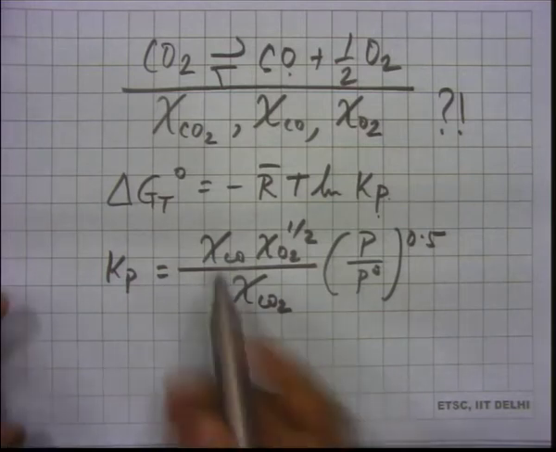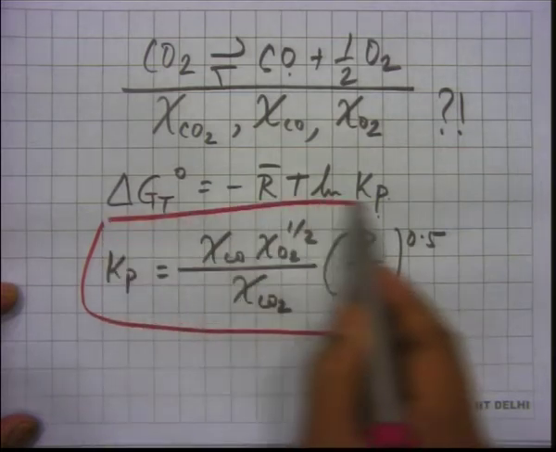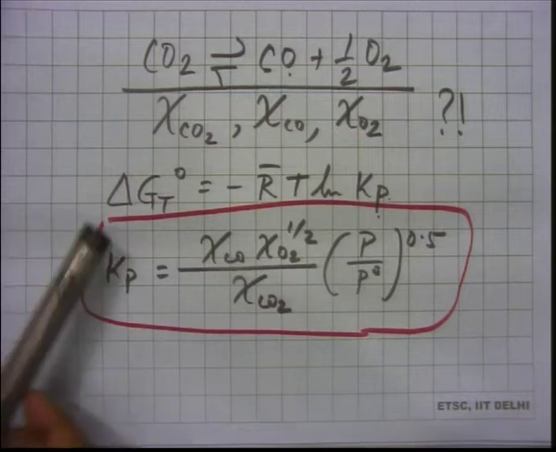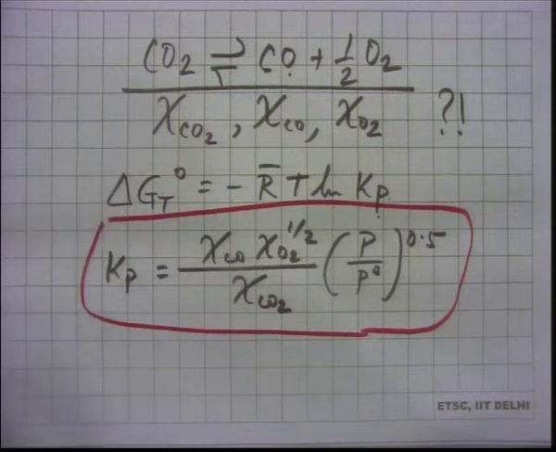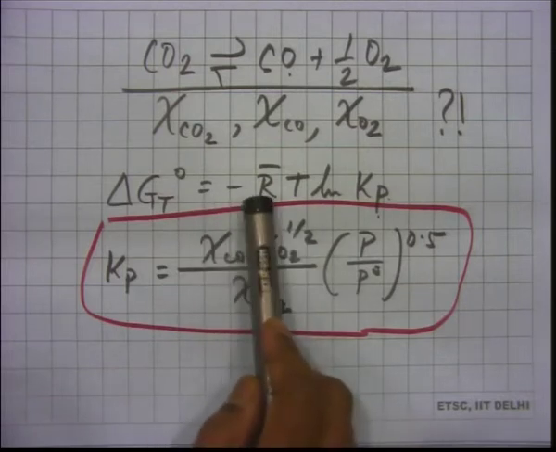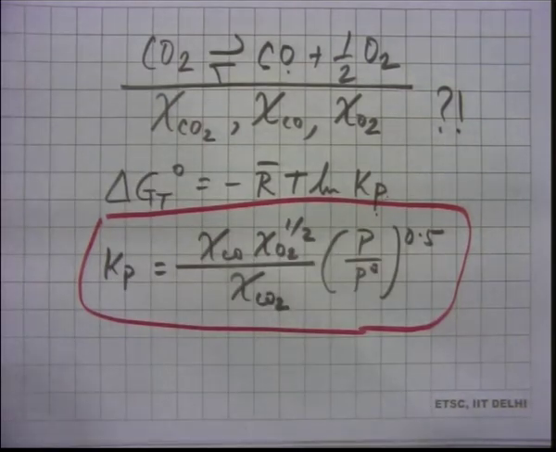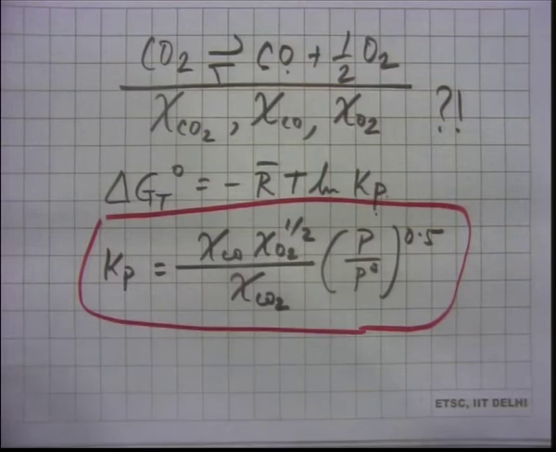All right. What I have done here is just jump to an equation. Can you verify this quickly? I am using this delta G T naught equal to minus R bar T log of Kp, but for Kp I can write this. Where does this come from? From the basic definition of Kp. Are you comfortable with this?